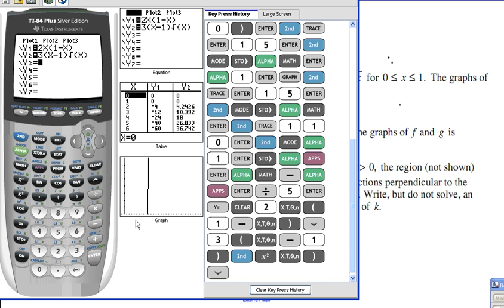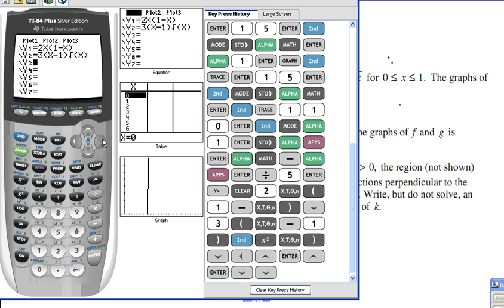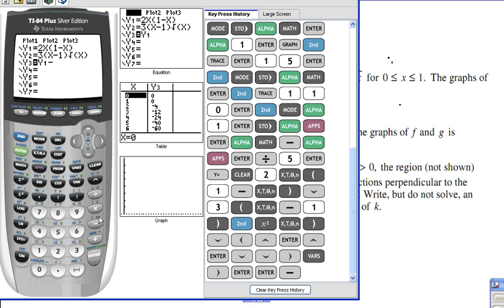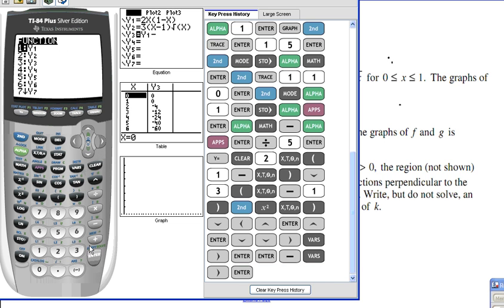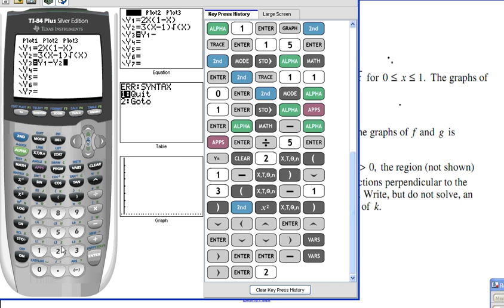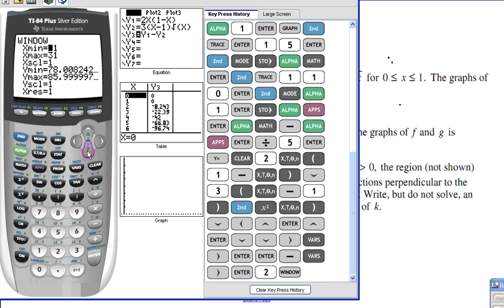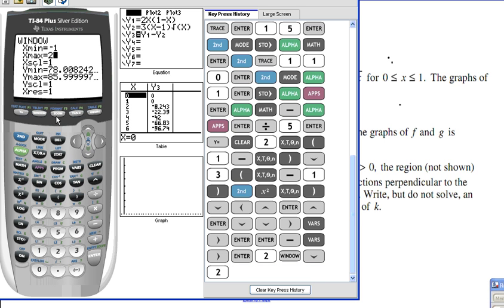How are we going to calculate that? In our case, unhighlight both of them. And the only thing that I'm going to highlight would have been y was function. All right, there it goes. Y sub 1 minus, same thing, y was function. All right, y sub 2. And here we have the value is going from 0 to 1. So let us set the window maybe from -1 to 2, so we could have a nice picture.